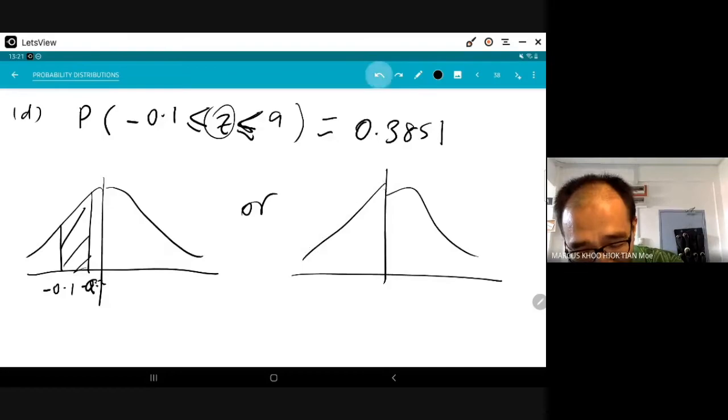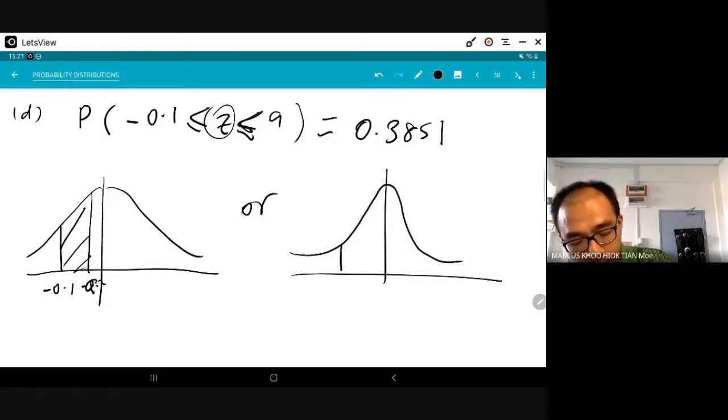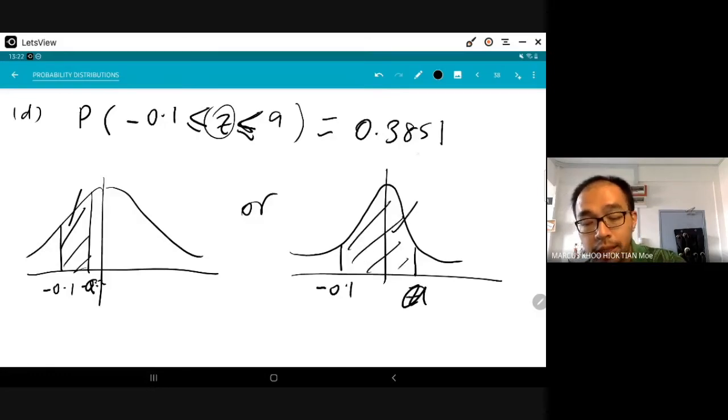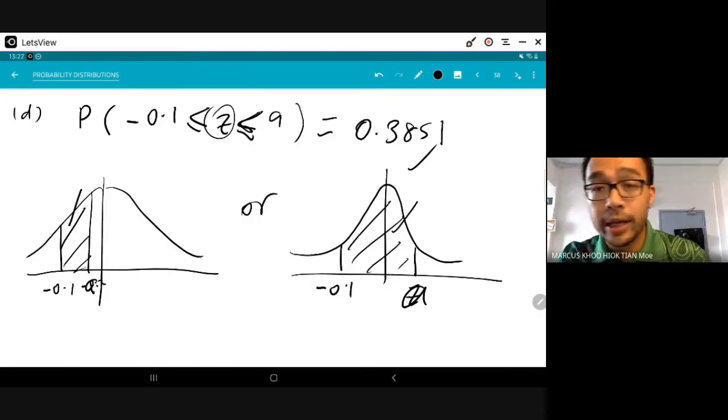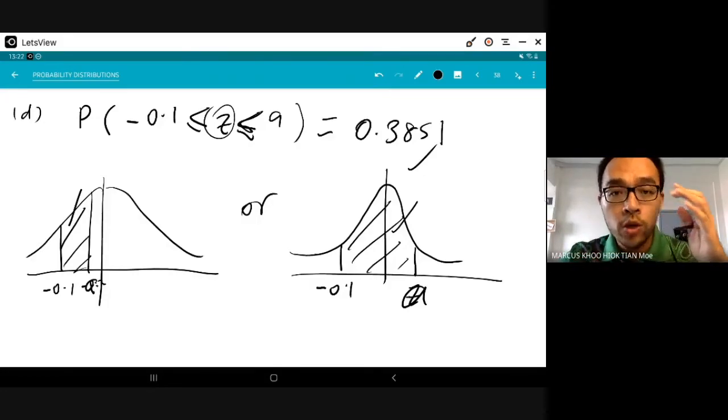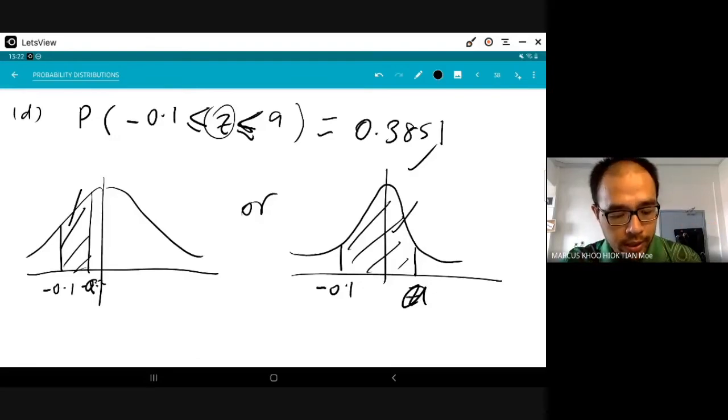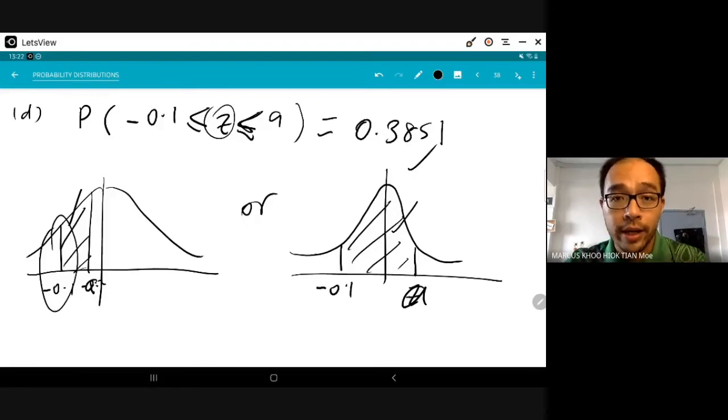Okay, it can be negative 0.1 and then over here, this is my unknown Z, A. Either this or this can be 0.3851. So what you will need to do is you will need to settle the 0.1 first, and then only you can find the A.